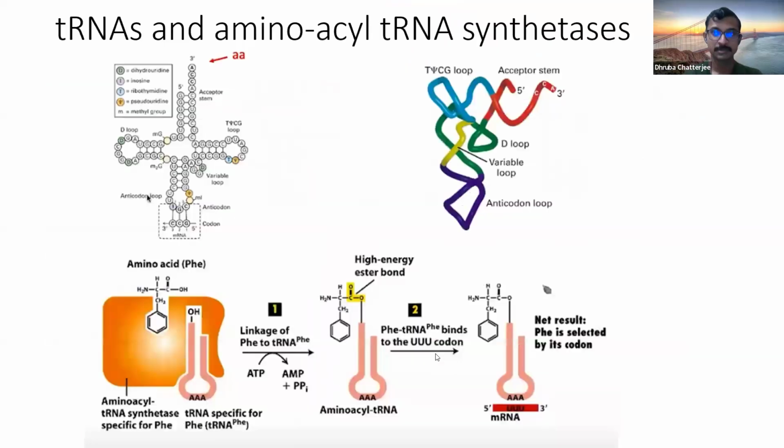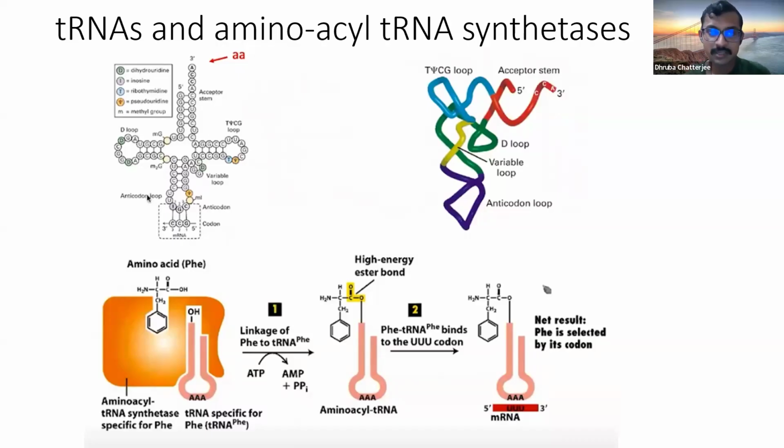Right. Now, let's have a look into the transfer RNAs and the amino acid tRNA synthetases. As I mentioned, when we were discussing mRNA, we were always representing this ribonucleic acid as a linear chain, right?